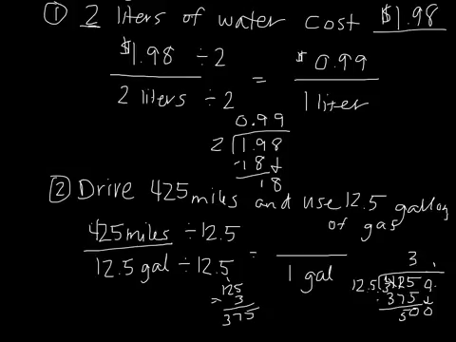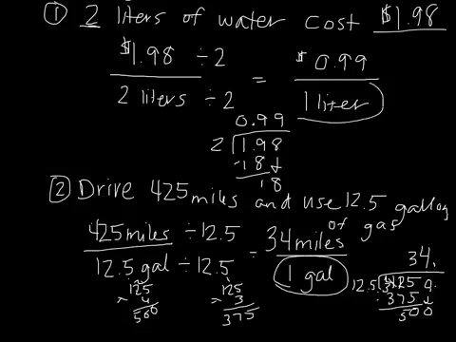If I added up another 125, how about that? 125 times 4, 500 on the dot. Okay, so we could go 34 miles per 1 gallon. So that would be our unit rate because, again, our denominator is 1.